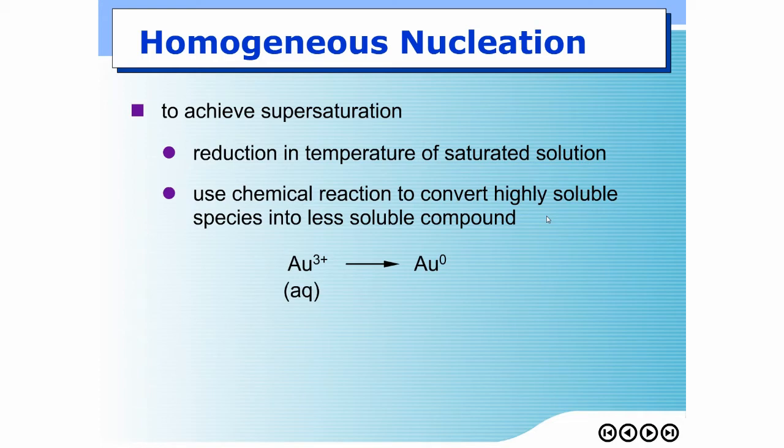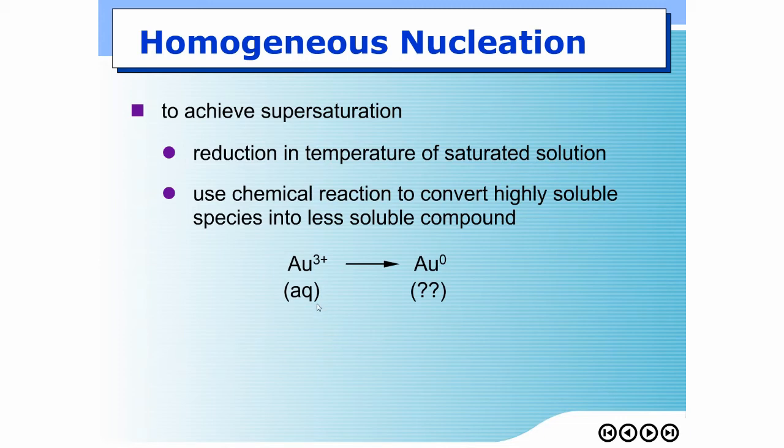In high school, we always put aq here to represent gold ion in water. After reduction, gold 0 here is usually solid, right? But the question that I would like you to think about is, should it be solid? Think about this.